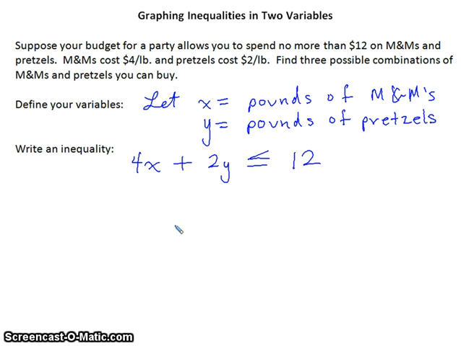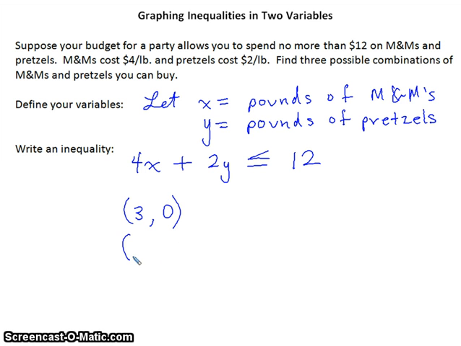So now we need to think about what are the possible combinations of M&Ms and pretzels that we can have. So let's just think about that for a little bit. I really like chocolate, so maybe I just want 3 pounds of M&Ms and 0 pounds of pretzels, okay?